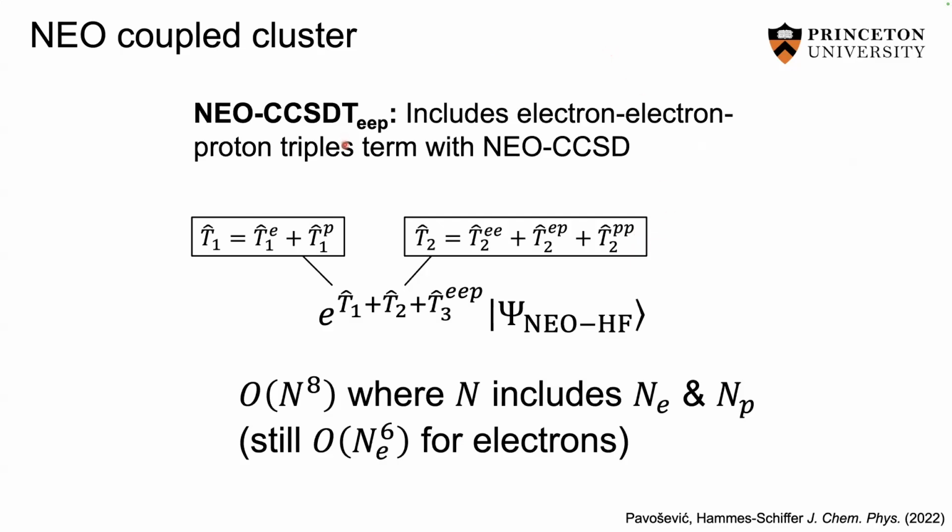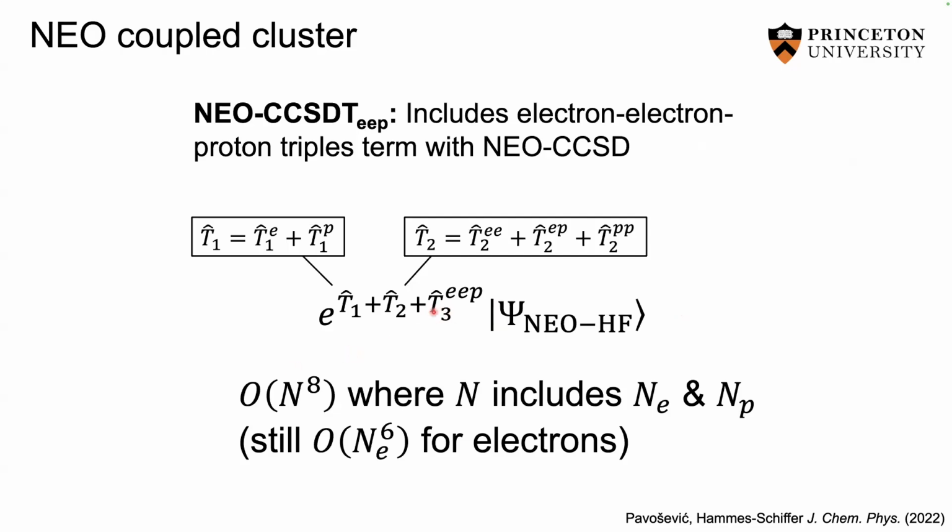So the next step after coupled cluster with singles and doubles for capturing electron-proton correlation is to add triples just of the mixed electron-proton term, and specifically of the double electron excitation and single proton excitation. We call this TEEP, the triple electron-proton excitations.